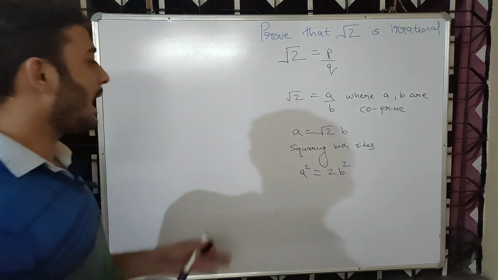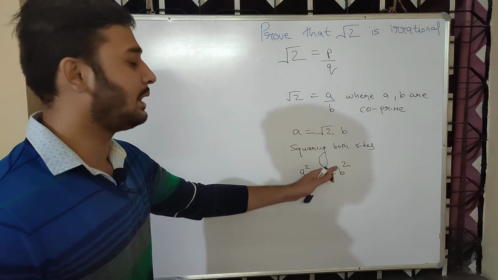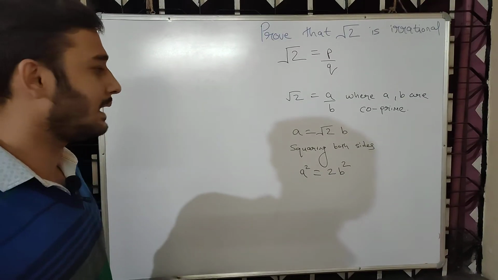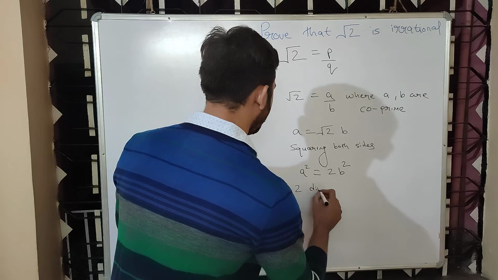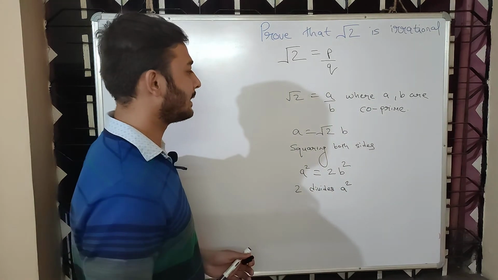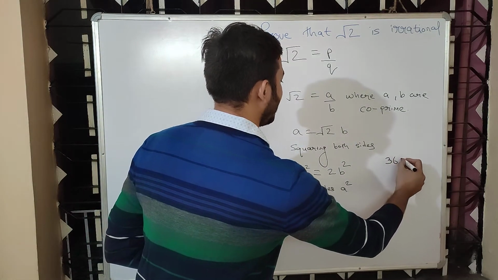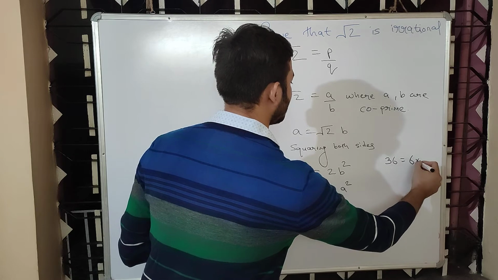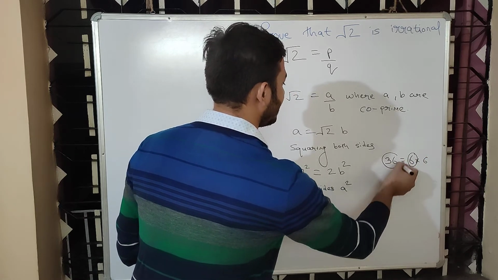Now I am able to write a square as 2 into something. It simply means 2 divides a square. Like say, if I am able to write 36 as 6 into 6, it means 6 divides 36.